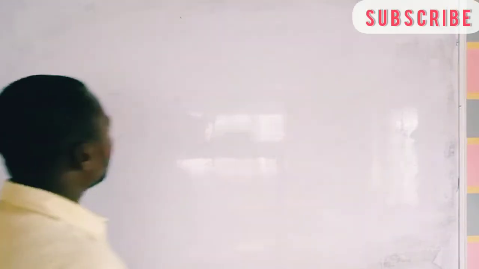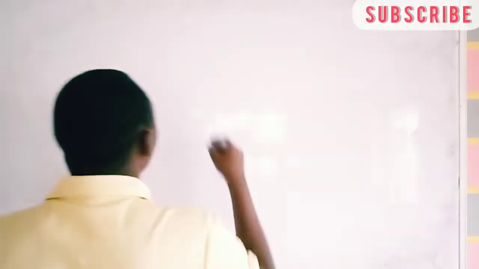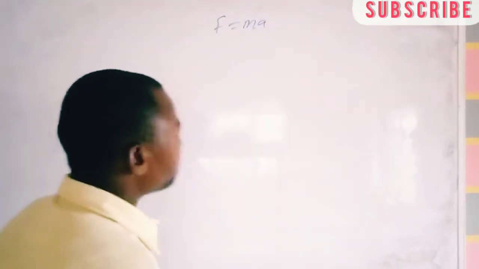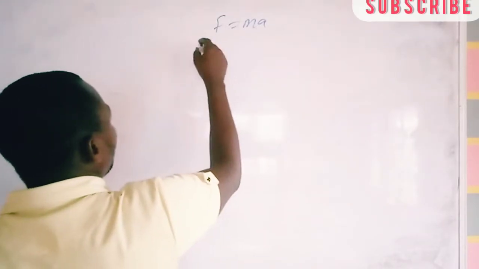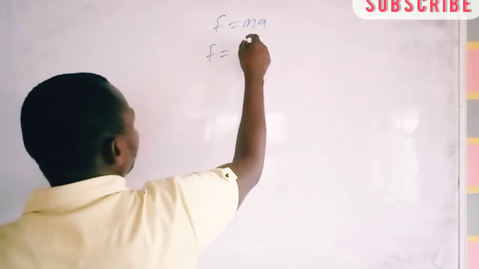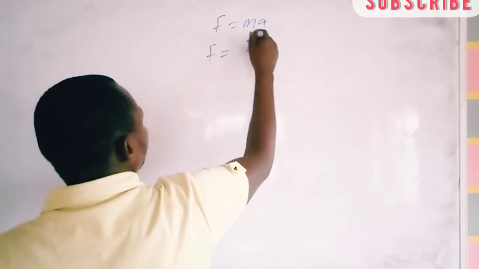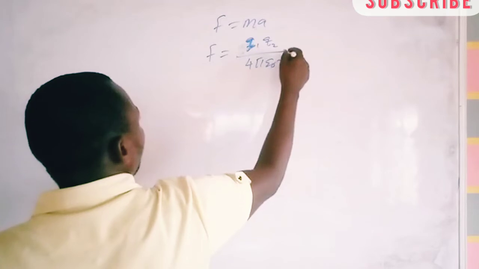Other formulas associated with electrostatics: recall that F is equal to MA. That means F equals Q1 Q2 over 4 pi E naught R squared.